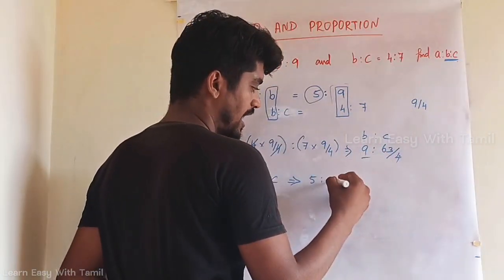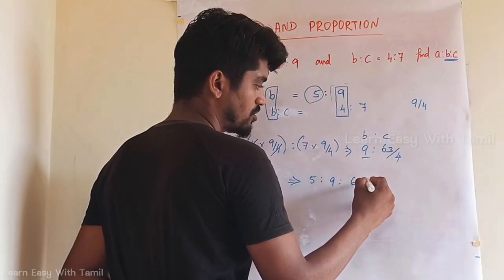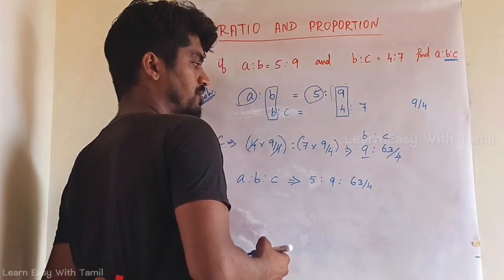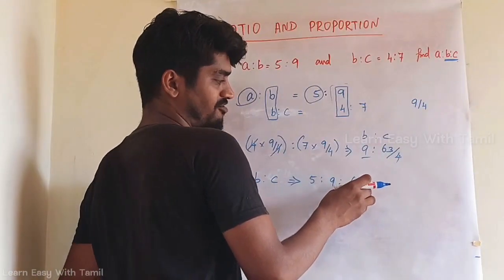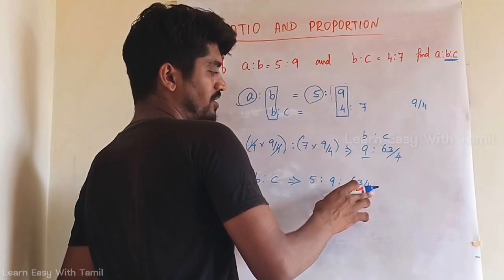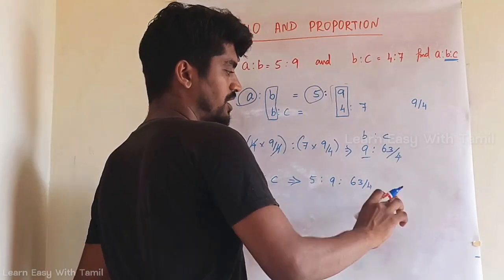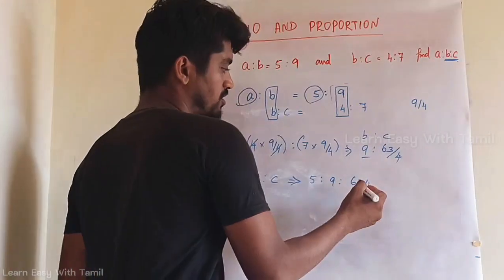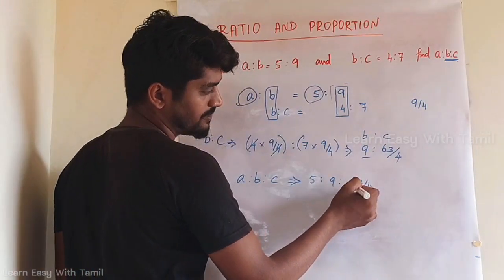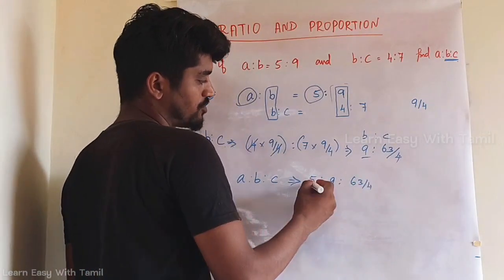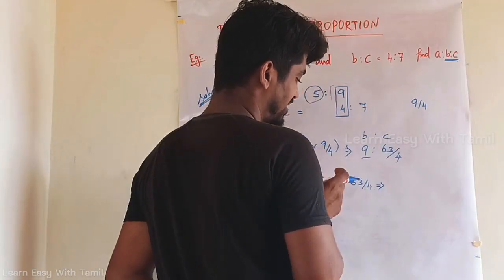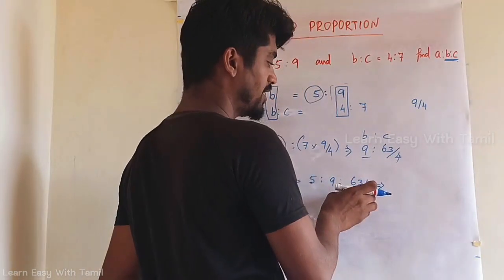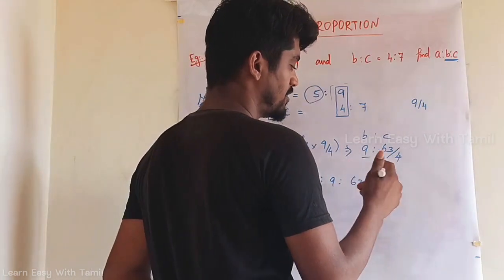B is 9 is to 63 divided by 4. In this ratio, it should not be in fractional format. So we have to convert it into natural numbers. In this, C divided by 4 is there. So we have to multiply by 4 for the common A, B and C terms.